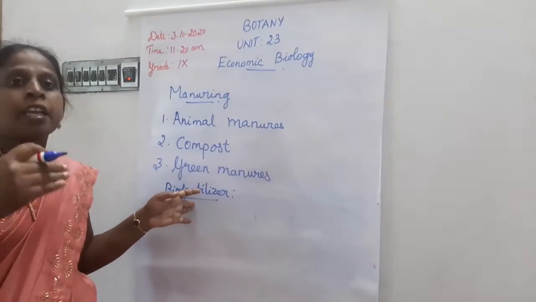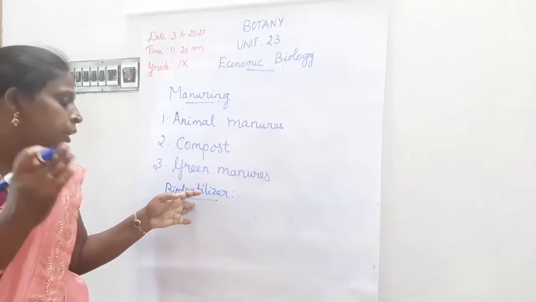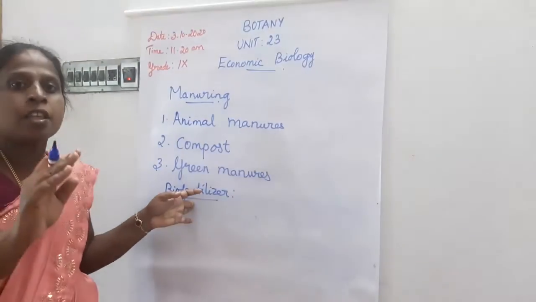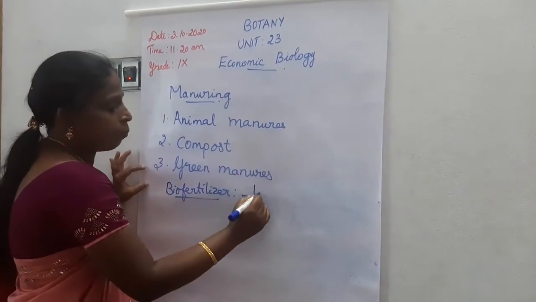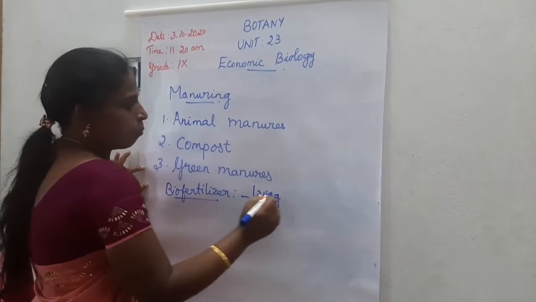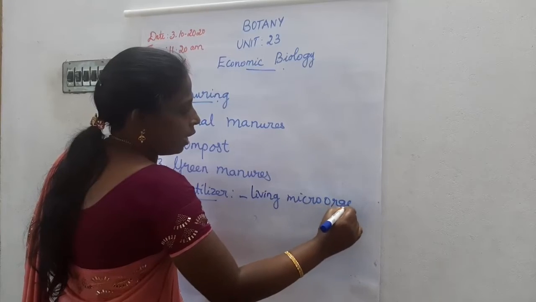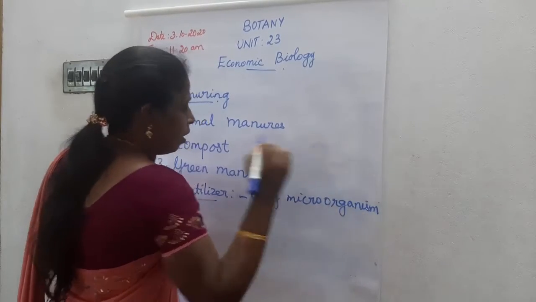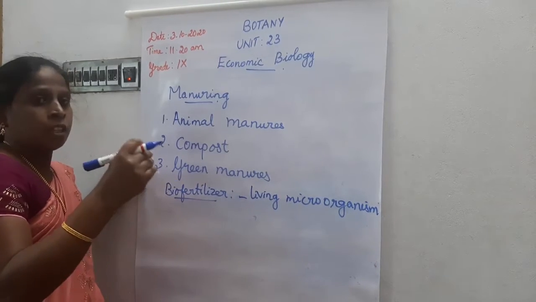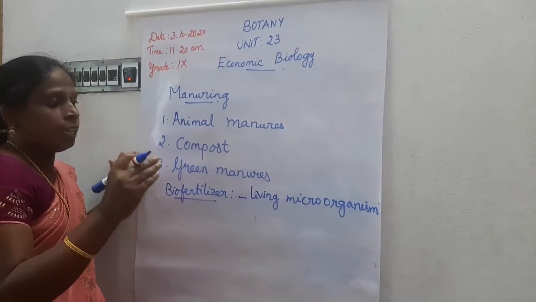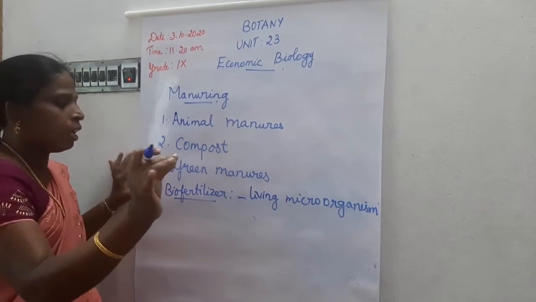It can increase the plant growth and it can increase the availability of nutrients to the host plant. They are called biofertilizers. They are living microorganisms. It can increase the plant productivity and increase the supply of nutrients to the crop.